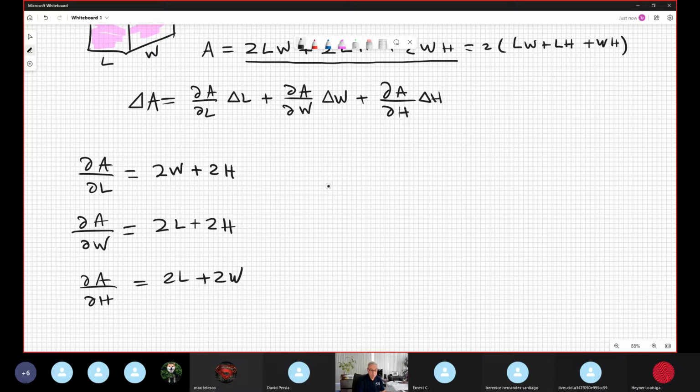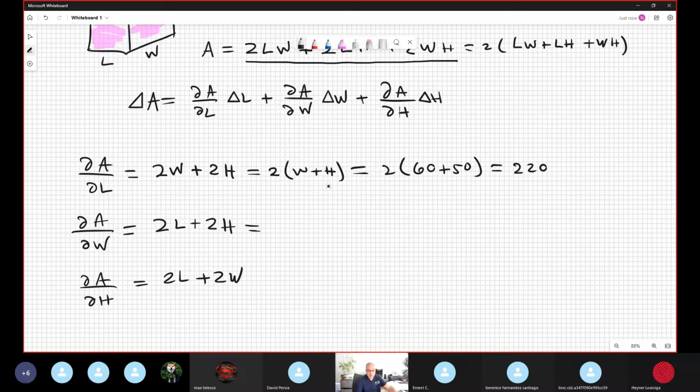Okay, and now you evaluate, in this case, every expression. You can factor out 2 times (W plus H). So 2 times (60 plus 50) is 220.